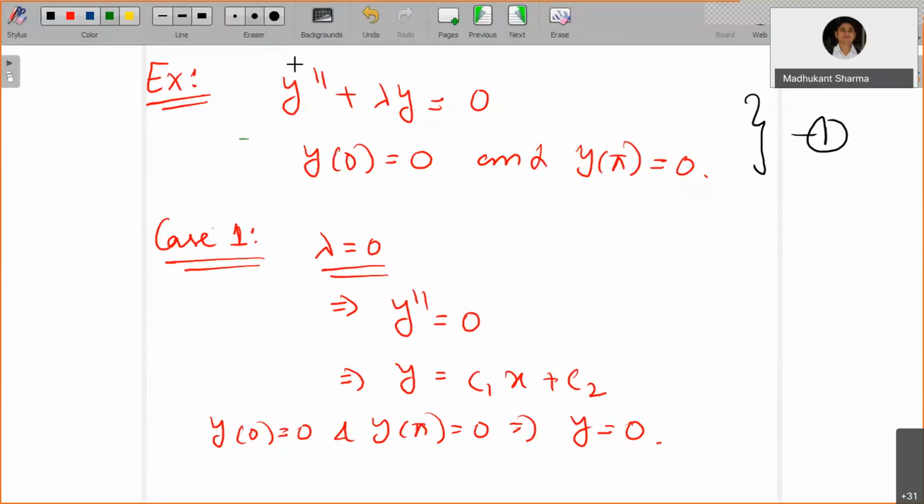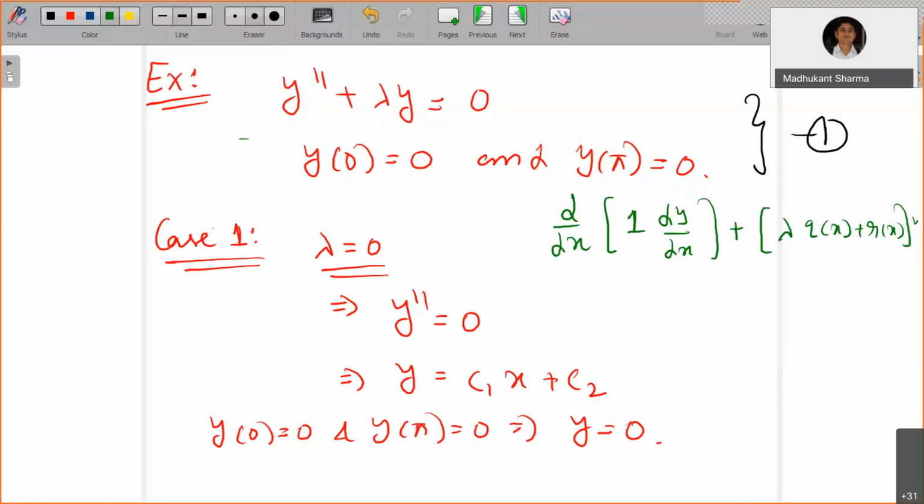Now let's look at this general equation. If you want to write it in that special form, it's d by dx of 1 times dy by dx, plus lambda times q of x plus r of x, times y, equals 0.